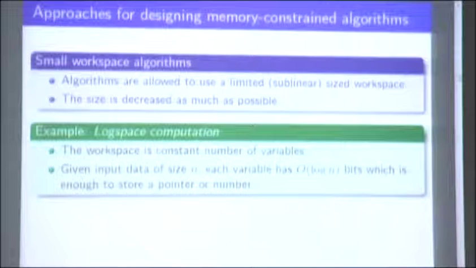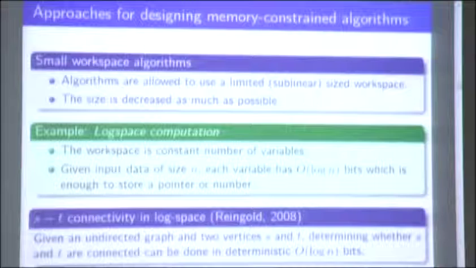Given input data of size n, each variable has log n bits, which is enough to store a pointer or a number. This is a result of log space computation provided by Reingold in 2008. He showed that s-t connectivity for undirected graphs can be solved using only log n bits.